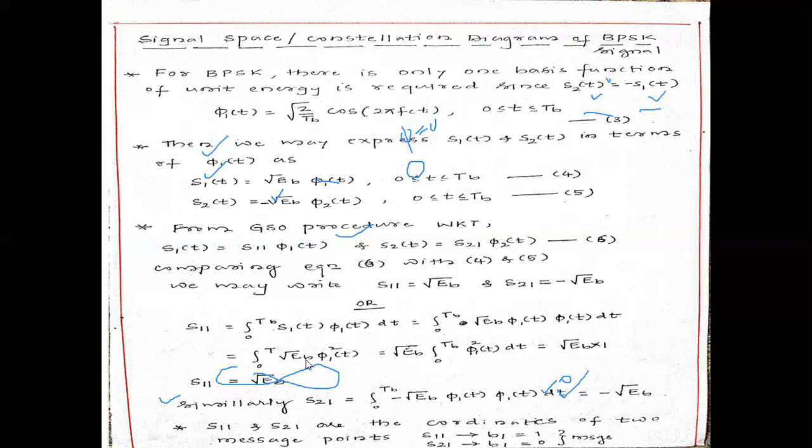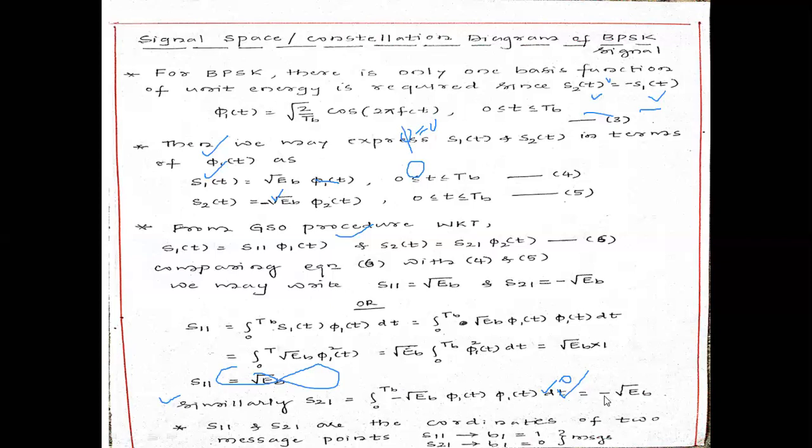So it is 0 to Tb of square root of Eb phi 1 of t squared. Let me take the square root of Eb outside. So it is the integration from 0 to Tb of phi 1 of t squared. And what is the integral from 0 to Tb of phi 1 of t squared? It is the energy of the basis function, which is always unity. So that is square root of Eb times 1, which is square root of Eb. Similarly, you can do it for the second coefficient, that is S21, which is the integral from 0 to Tb of minus square root of Eb phi 1 of t into phi 1 of t.